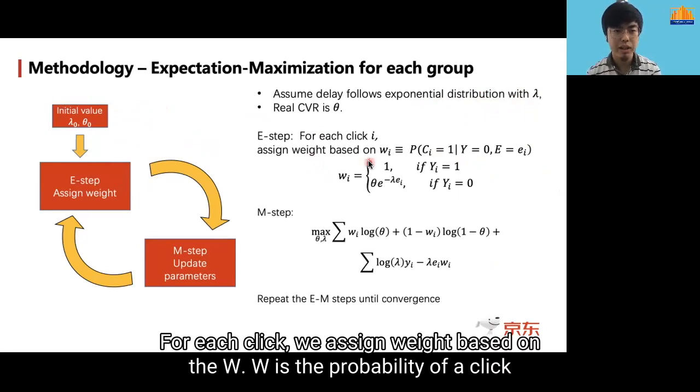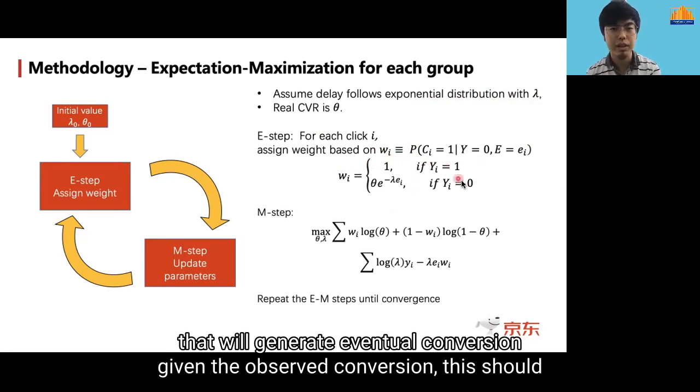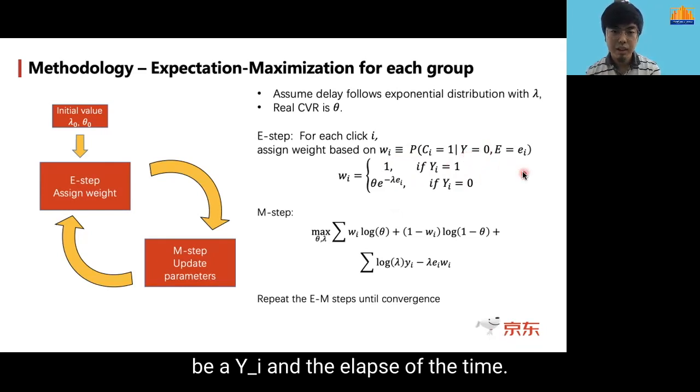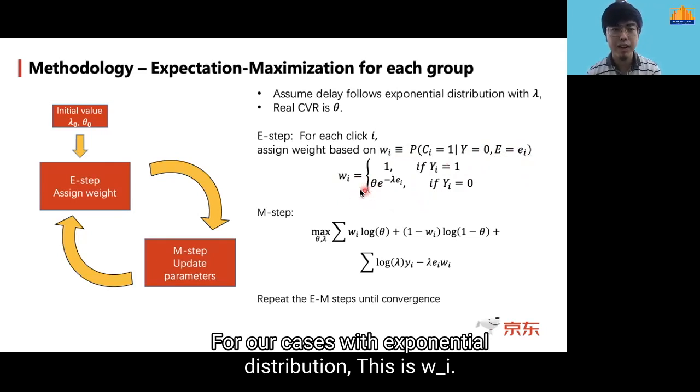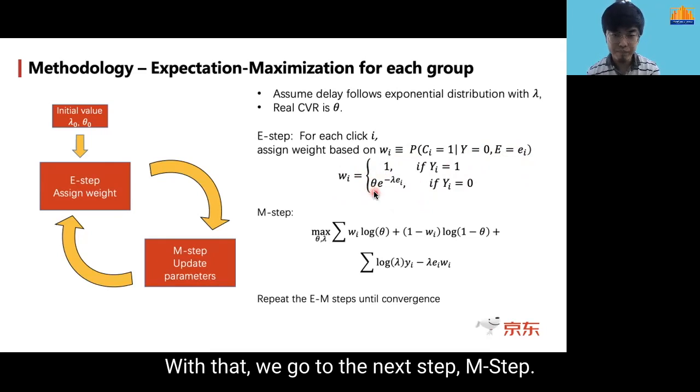For each click, we assign a weight W. W is the probability that the click will generate an eventual conversion, given the observed conversion yi and the elapsed time. We can write this out for our case with the exponential distribution, this is wi.